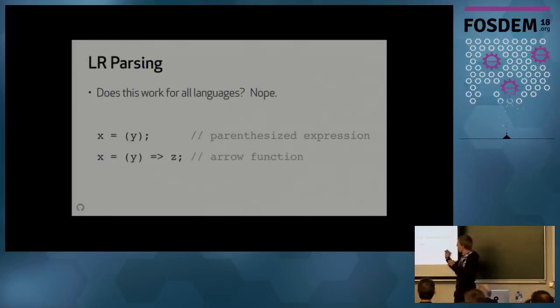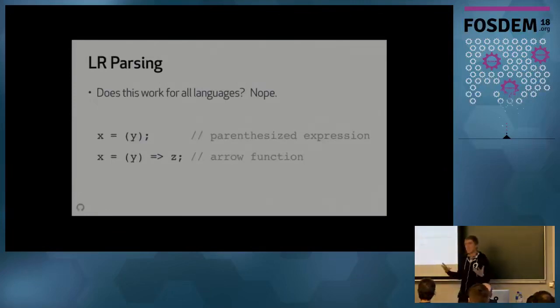So here are 2 JavaScript statements. In the first one, we are assigning to the variable x the value of the variable y, which we have in parentheses just because we can. In the second example, we're assigning to x this arrow function that takes a parameter called y and returns z.